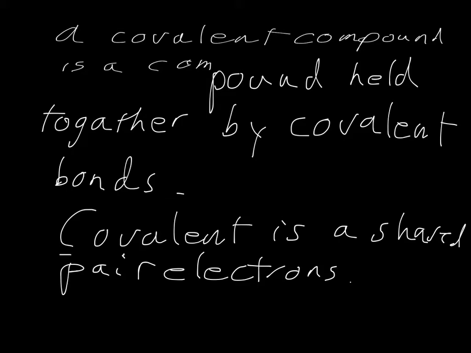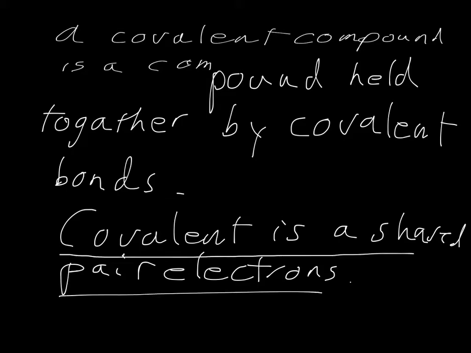Why this definition of a covalent bond is important is that it means that covalent compounds' existence is much different than the existence of an ionic compound. We talked about how ionic compounds existed as crystals because that force of attraction could go all over the place in 360 degrees in three-dimensional space.